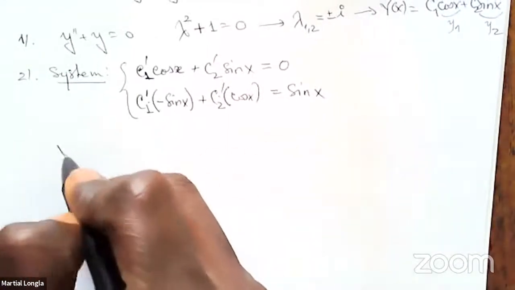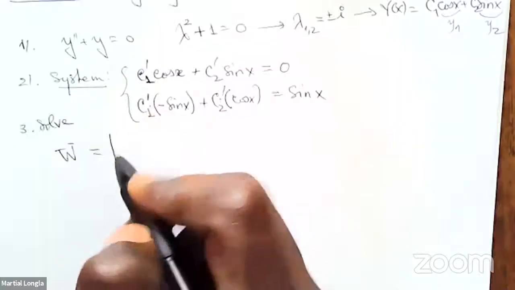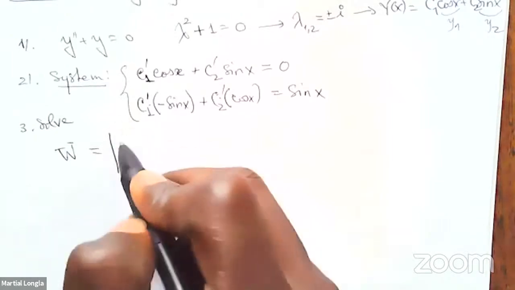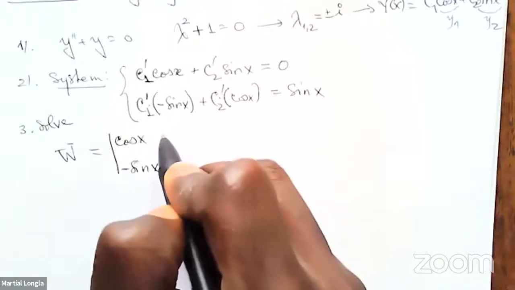So what's the W of the whole thing? Cosine squared x minus sine squared x. Be careful, you might have a mistake if you fly through it. Just write them down first. What are the functions? Cosine x, negative sine x, sine x, and cosine x.